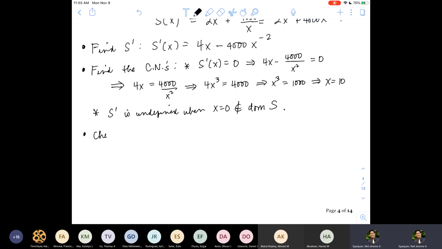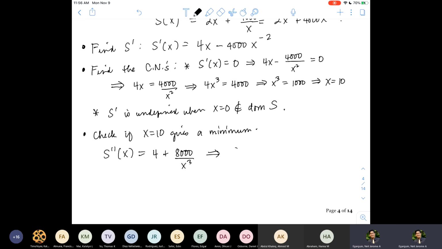Then we need to check if x equals 10 gives a maximum, or sorry, a minimum. Again, we can do so by using the second derivative test, but again, you can also use the first derivative test. So the second derivative is 4 plus 8,000 over x cubed, right?